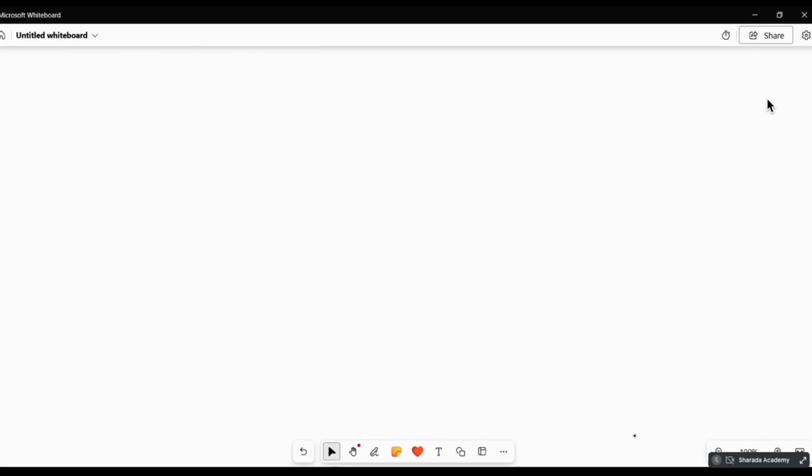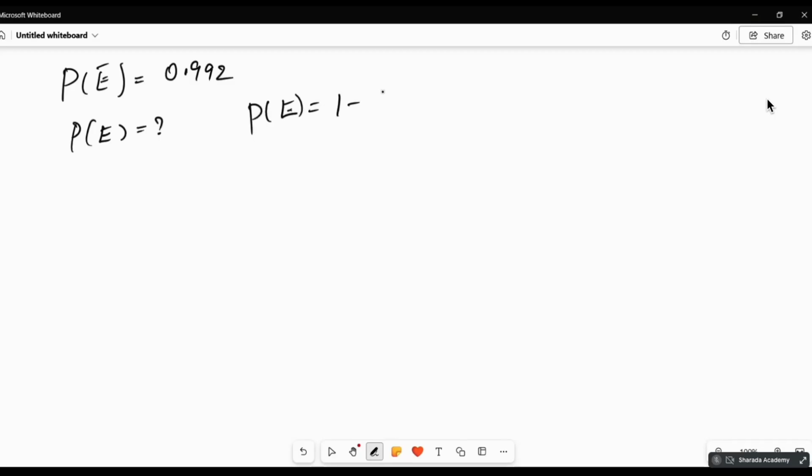Correct? So the probability of not having the same birthday is 0.992. So what is the probability of having it on the same day? P of E is equal to 1 minus P of E bar.